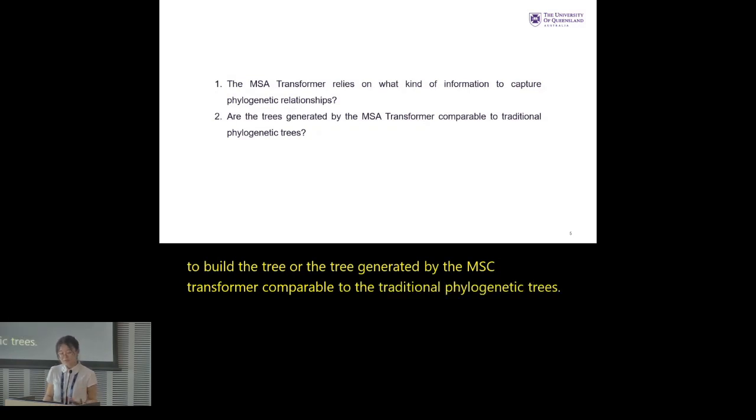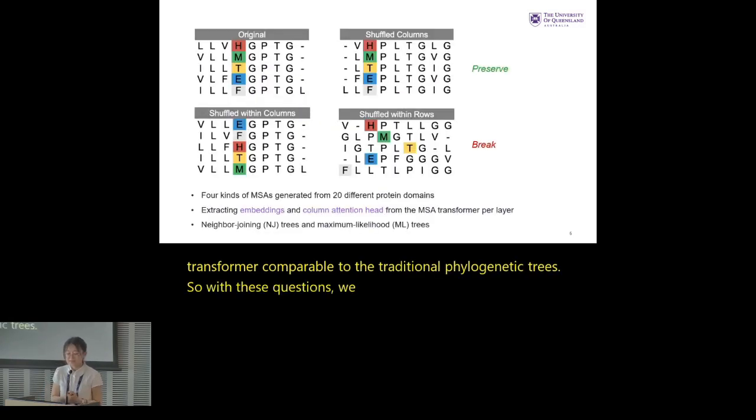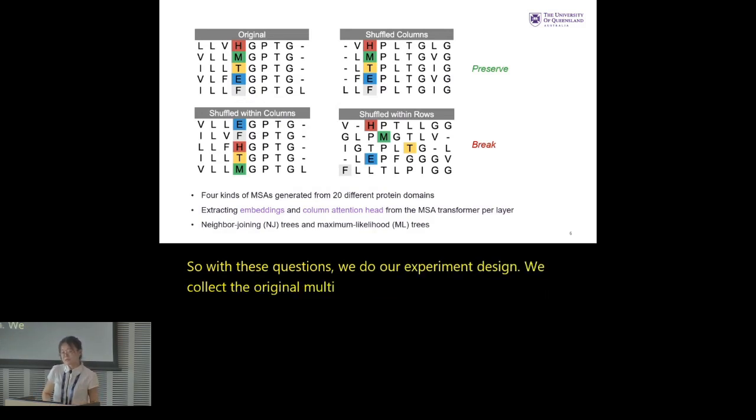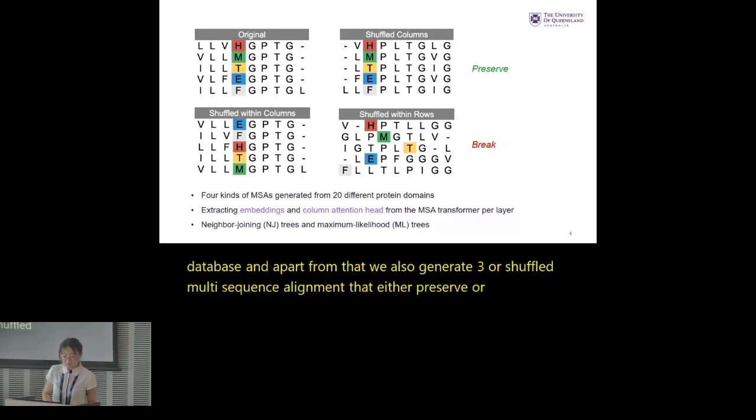So with these questions, we did our experiment design. We collected the original multi-sequence alignments from the PFAM database. Apart from that, we also generated three scaffold multi-sequence alignments that either preserve or break the conservation information within the columns.